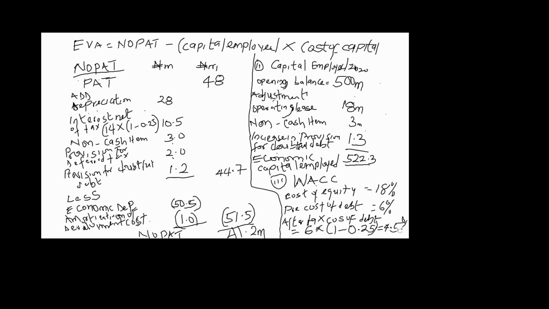Please note, at any point in time you are computing your WACC, your cost of debt must be after tax, unless the examiner says there is no tax. For this level, pass and come and meet us in final.